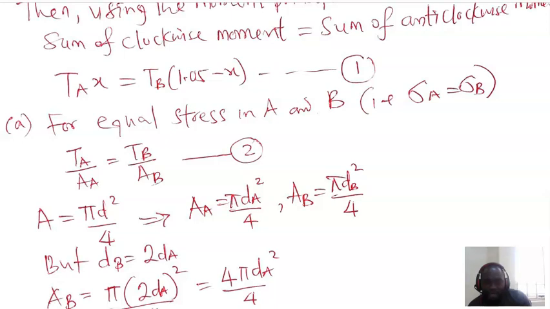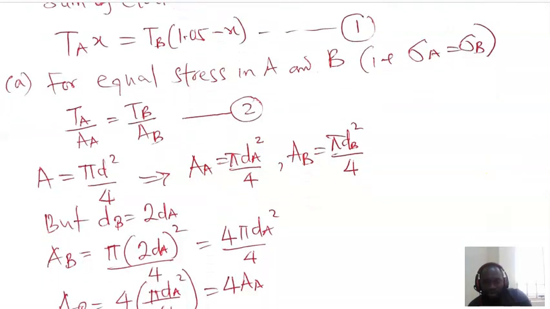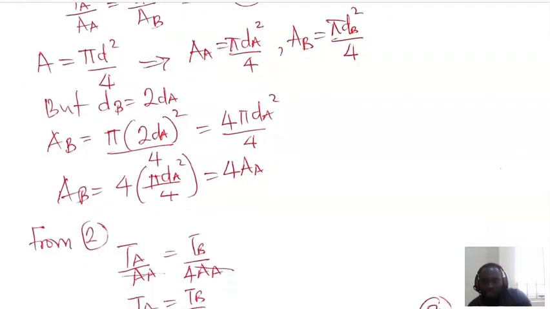Now let's compute the area. Area equals pi d squared over 4. Which means that area of A will be pi diameter of A squared over 4, and that of B will be pi diameter of B squared over 4. But we are told that the diameter of B is twice that of A. So instead of writing diameter of B, we now write 2 times diameter of A. And if we evaluate this, 2 squared is 4.